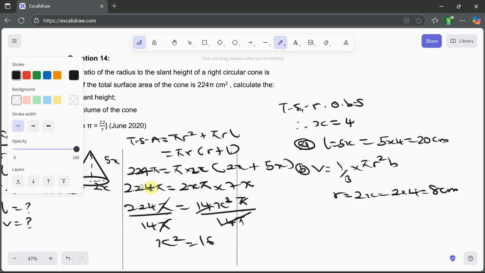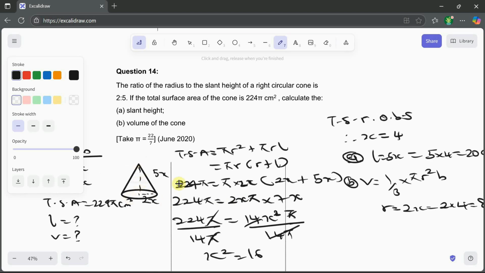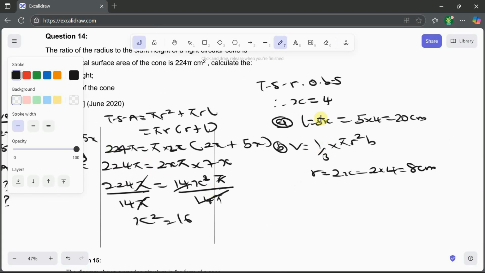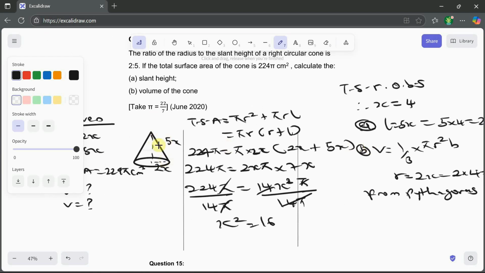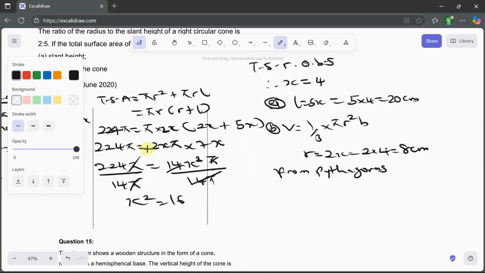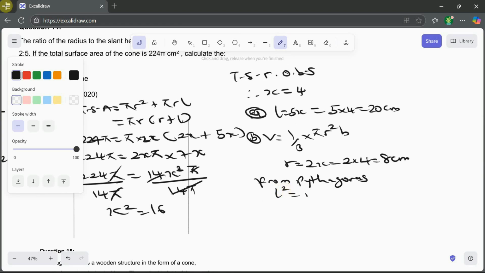Do we know the height? We don't know the height yet, but we know the r and the l. So we know from Pythagoras, if this is the l, this is the r, this is the h, we could say l squared is equal to r squared plus h squared. This is 20 squared.